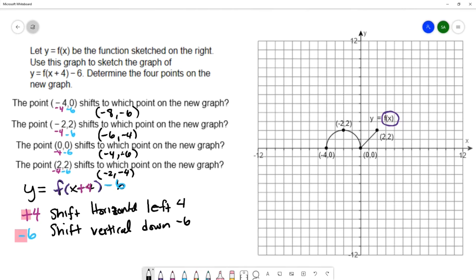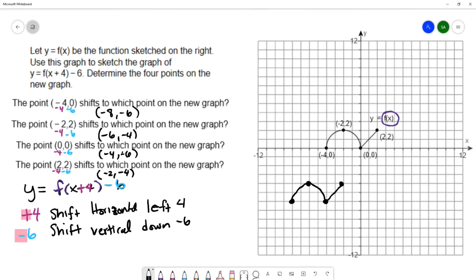So I'm going to erase these markings that I was doing for an example, and let's write our new points. So -8 and -6 would be here. -6, -4 would be here. -4 and -6 would be here. And -2 and -4 would be here. And I can sketch the graph. We have the semicircle here and a straight line here.